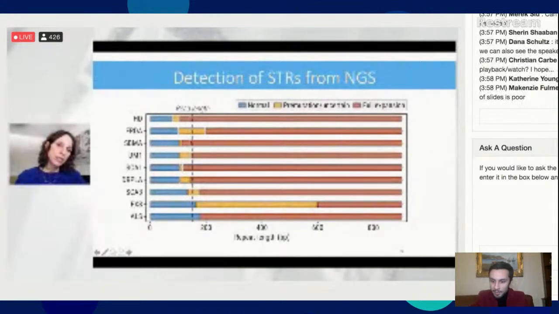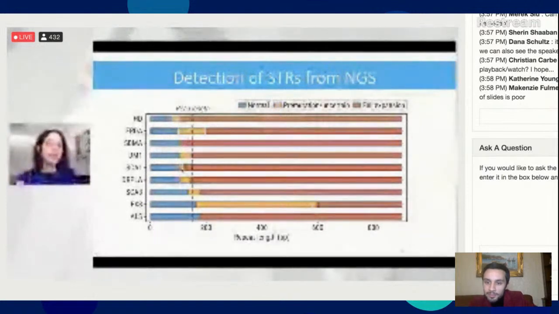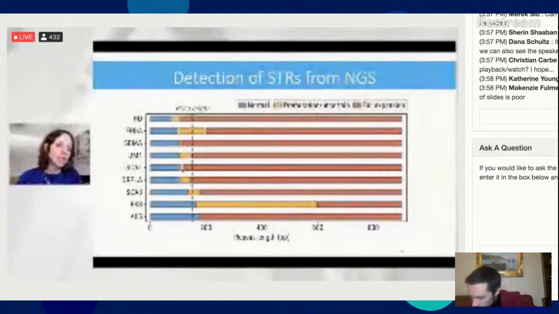The black dotted line represents the most widely adopted whole genome sequencing read length, which is 150 base pairs. What this slide shows you is that for the majority of the repeat expansion disorder loci, STRs in the normal and premutation range are smaller than the read length, meaning that they can be accurately sized.